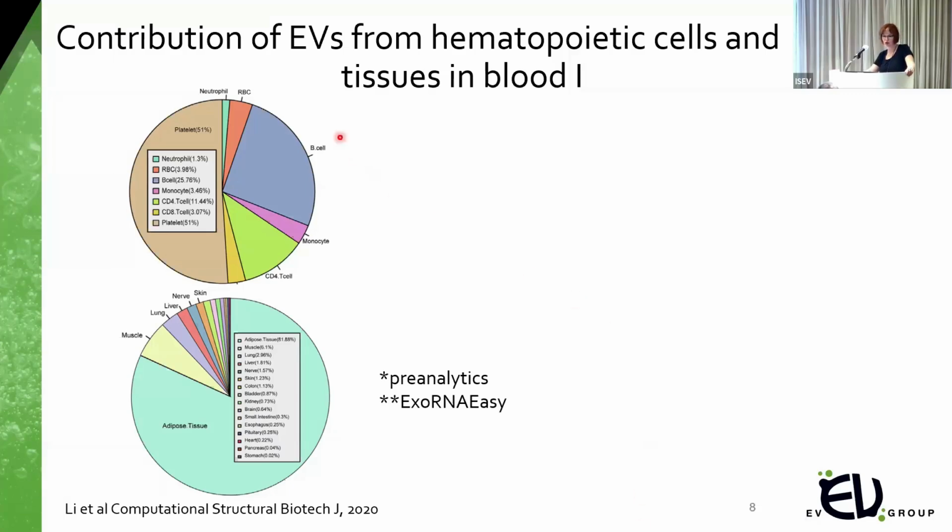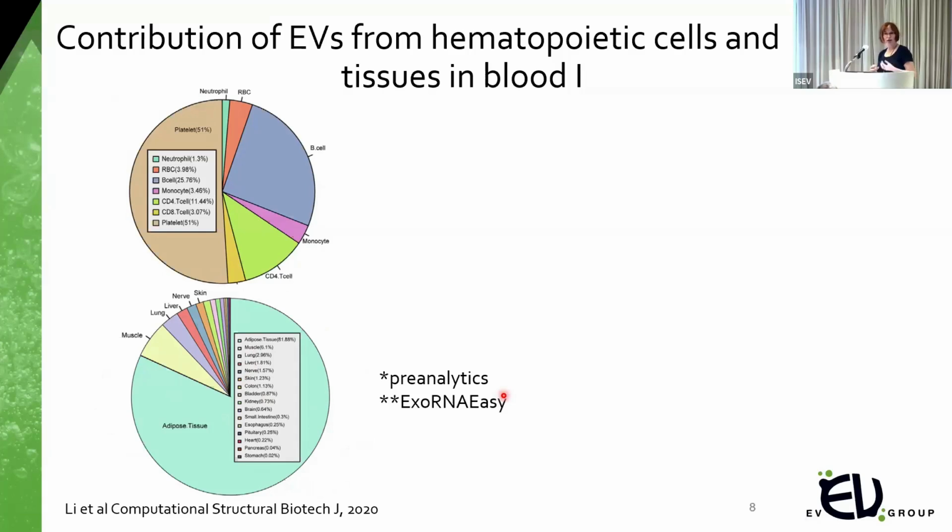And what they saw was that about half of the blood cell EVs were coming from platelets, and surprisingly B cells, if we think about the proportions of the cells in the circulation. For tissue origin, they found that the majority of the EVs were coming from adipose tissue, but we had also smaller contributions from other tissues.